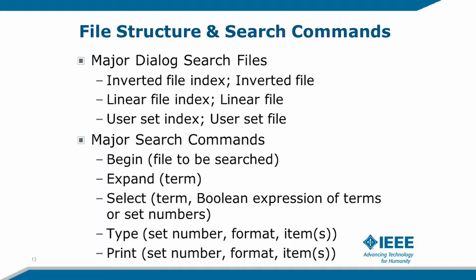Okay, the commands. Well, it's based on an inverted file index, not a linear file or a sequential file. Batch search systems were all sequential linear file systems. In other words, you'd punch your query into punch cards, and you'd have your database on a tape, and you'd pass record by record by record and match the query against the particular item to see if you wanted to print it out.